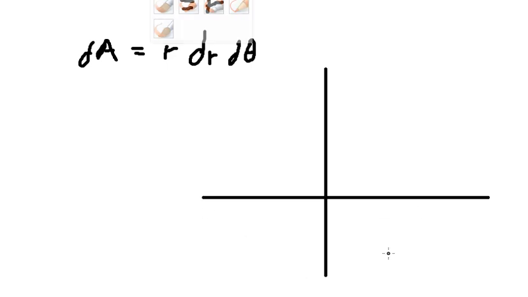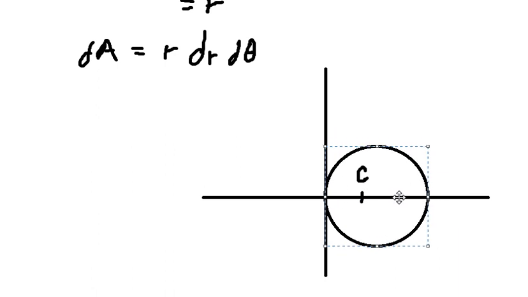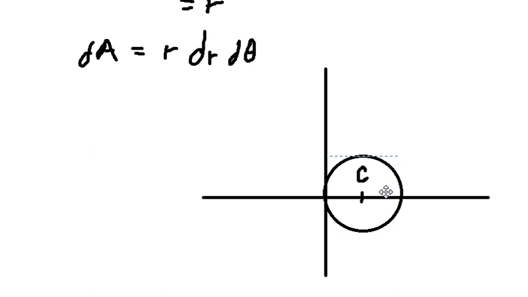So the center is 1, 0 in here, and this is the circle. So in this one we have number 0 in here.